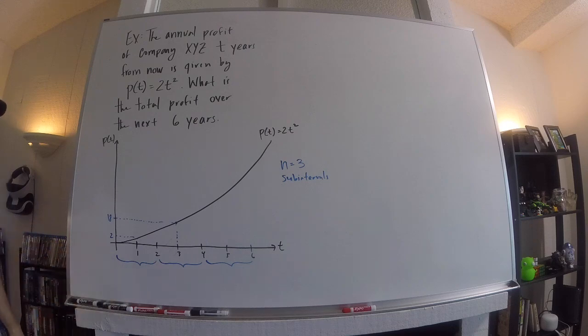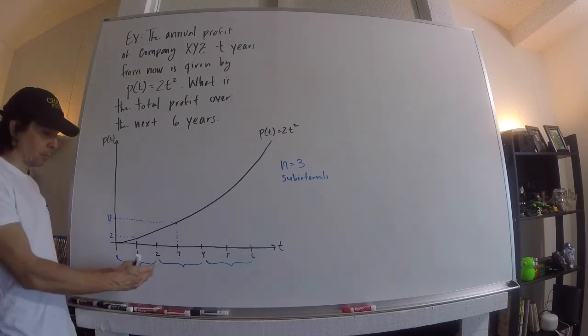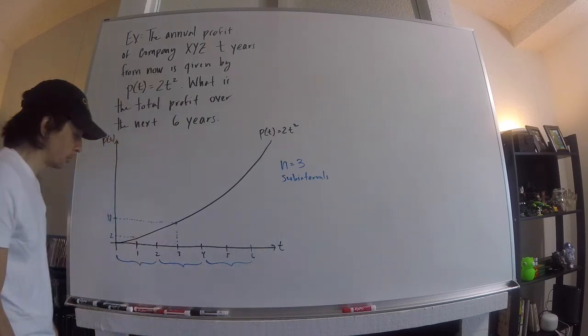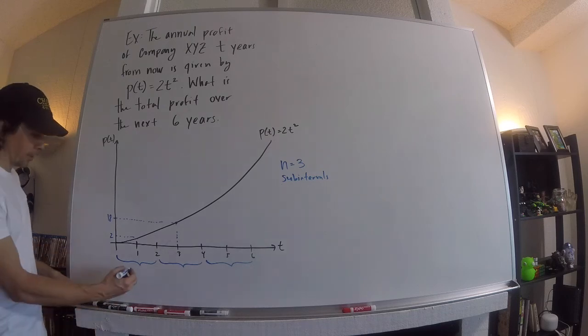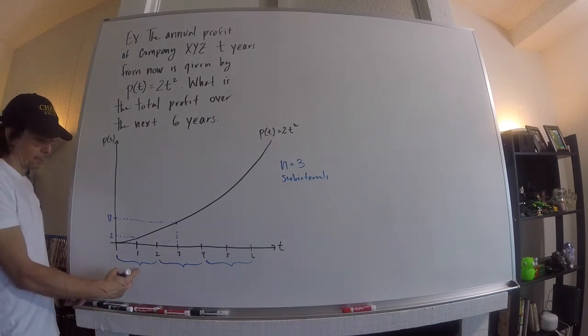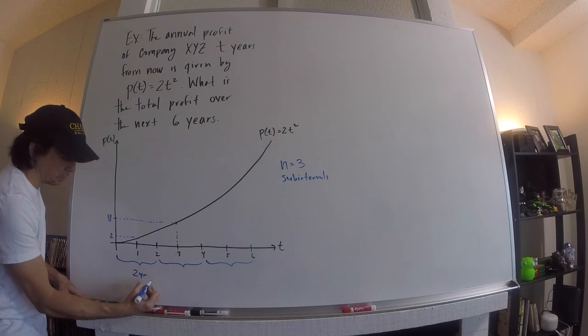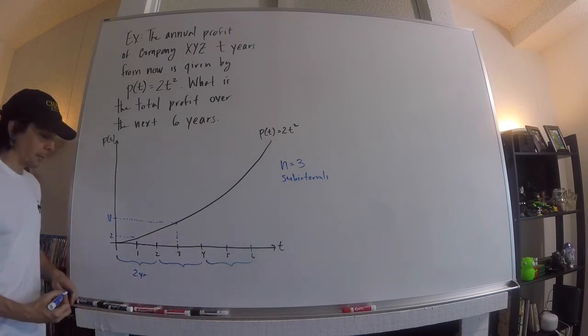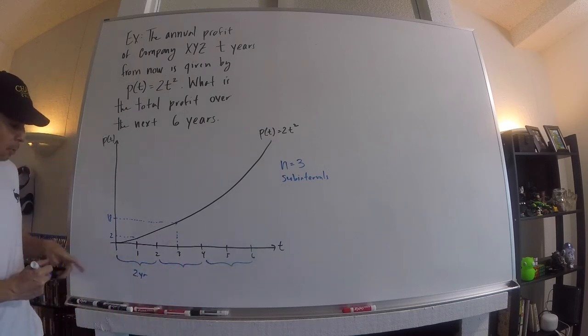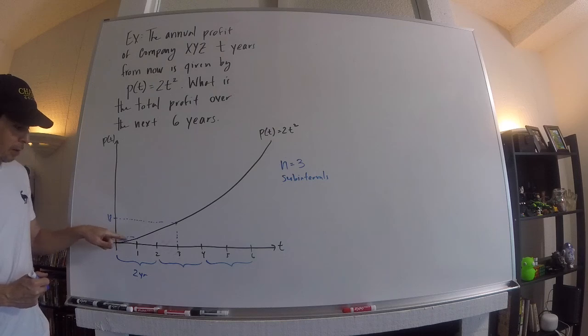And what we're going to do is create what are called Riemann sums. They're just rectangles showing you an estimate of the total profit made over those sub-intervals, those 2-year spans. So in sub-interval 1, this is 2 years. They're all 2 years, by the way. The annual profit goes from 0, and they get more profitable and more profitable.